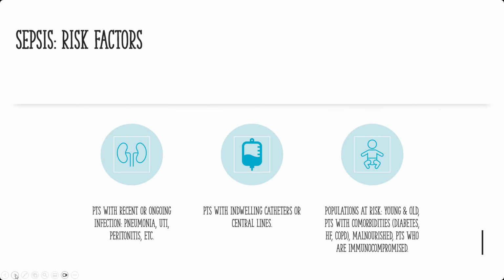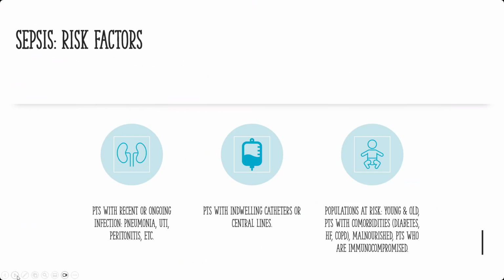We think about our oncology patients, our transplant patients. When you look at comorbidities, patients with kidney disease, liver disease would also be at risk. Patients who've had major surgery, trauma, burns. The list just goes on and on. If you think they could potentially be a risk for sepsis, they probably are a risk for sepsis.